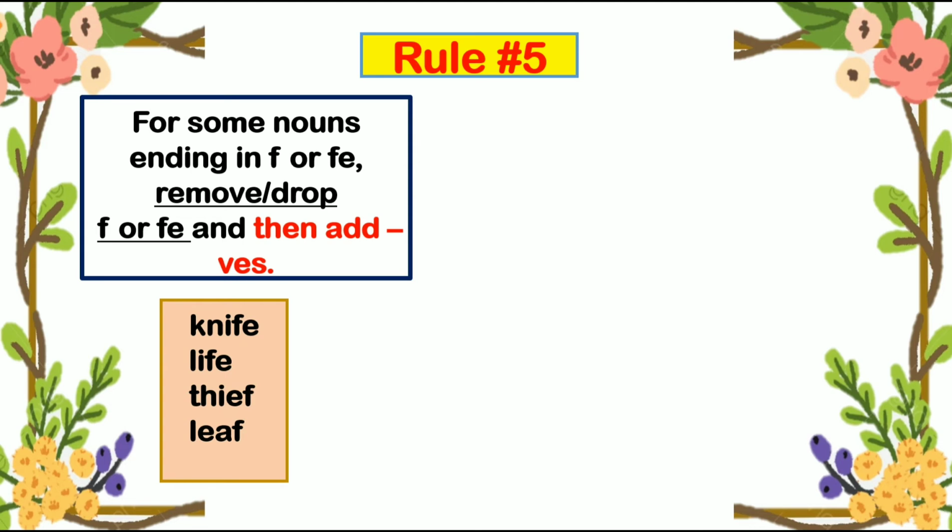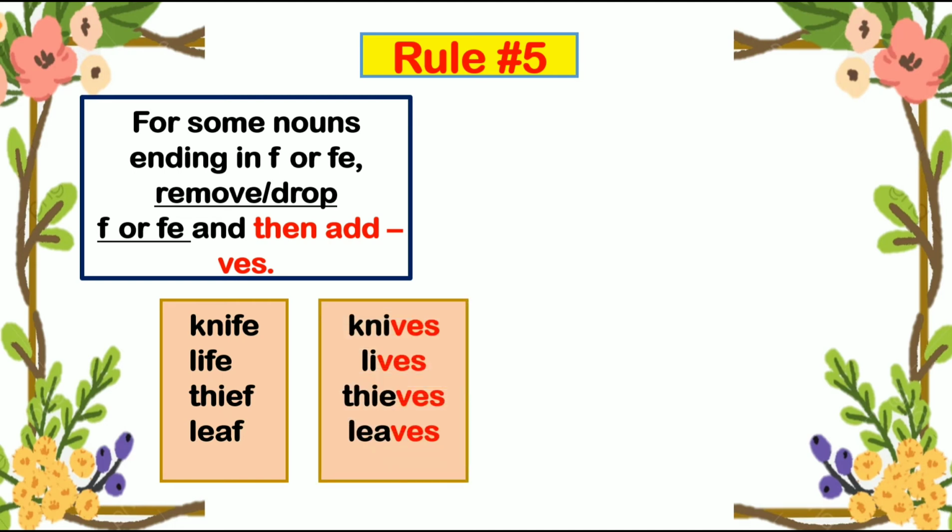Like we've said, you have to drop or remove F or FE before adding VES. So with knife, it would become knives. Life, lives. Thief, thieves. Leaf, leaves.